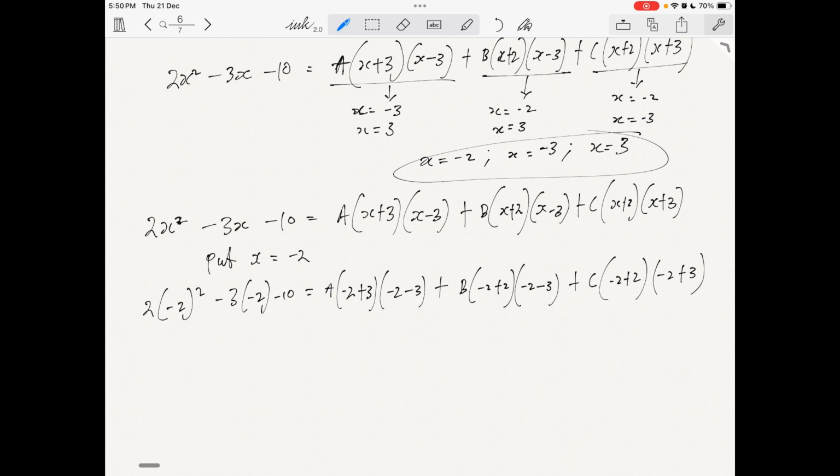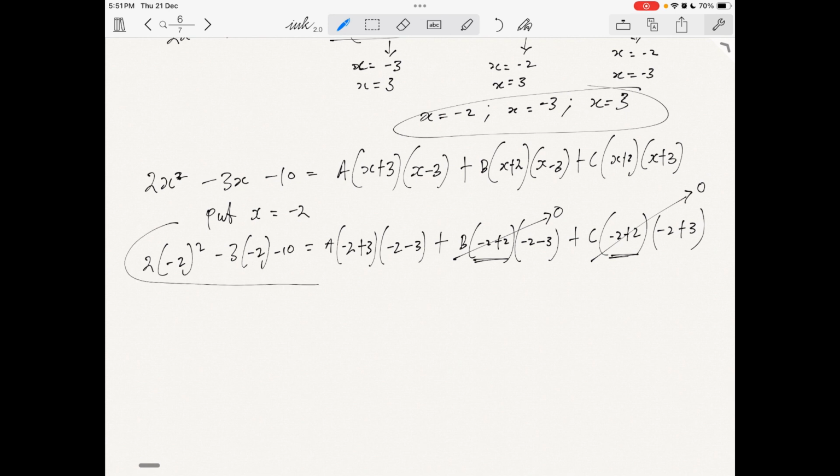Now we can see that minus 2 plus 2 is 0. So everything here will return to 0, and also everything here will return to 0. So we are left with just this equation.